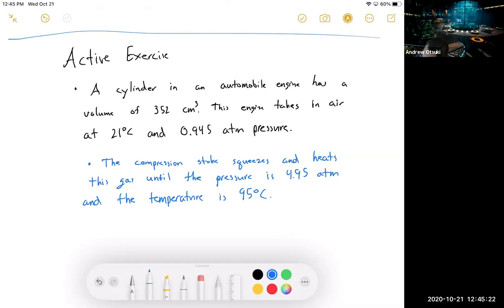So our question is, what is the final volume of the cylinder?